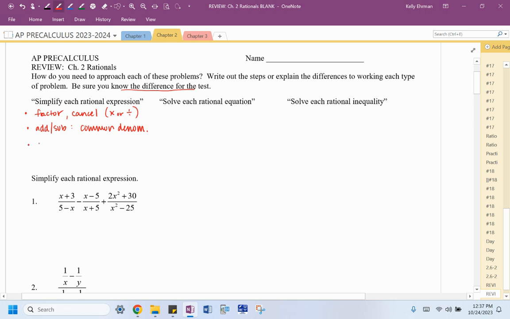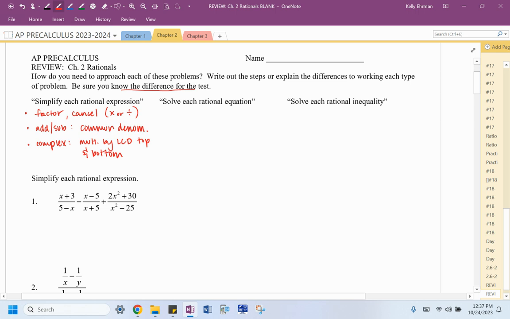And if the problem is a complex fraction, there were two methods for this. Go back and check the notes if you want the other method, but I multiply by the LCD, top and bottom.